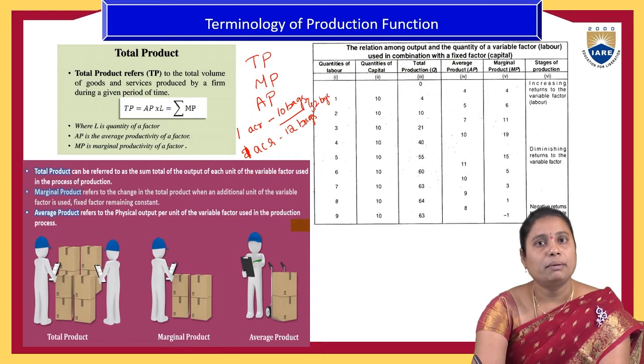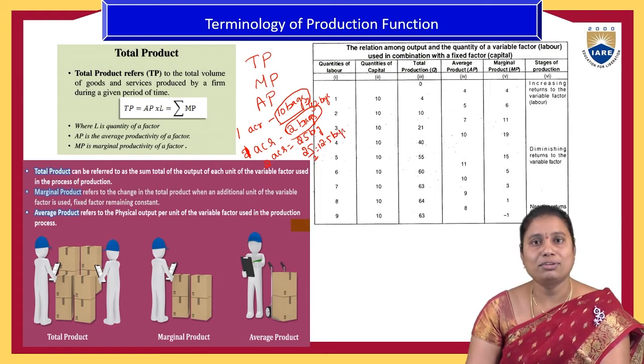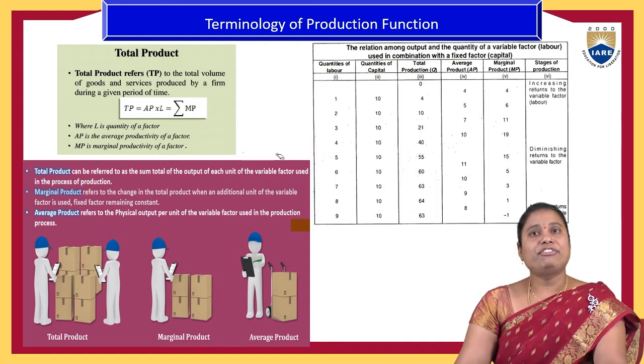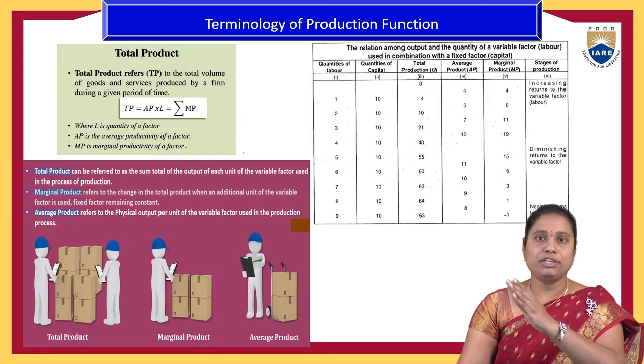Now if he takes 2 acres and is able to produce 25 bags, then 25 by 2 means 12.5 bags of rice on average in a particular 1 acre of land. So that is the difference between total production, marginal production and average production.